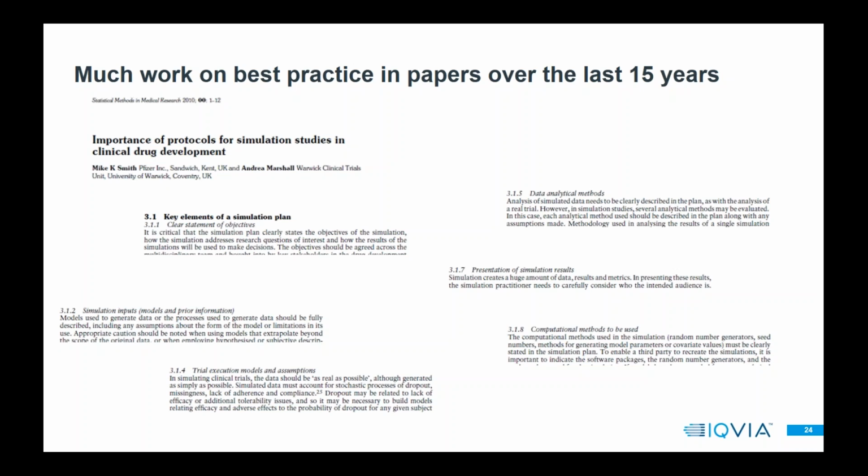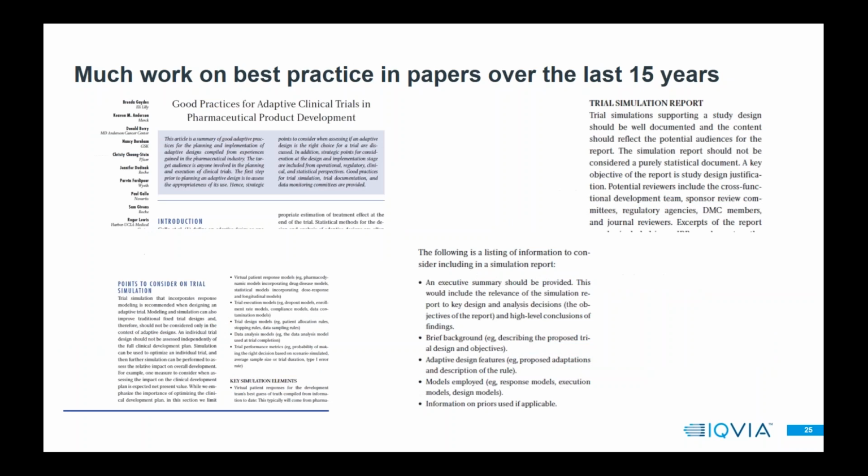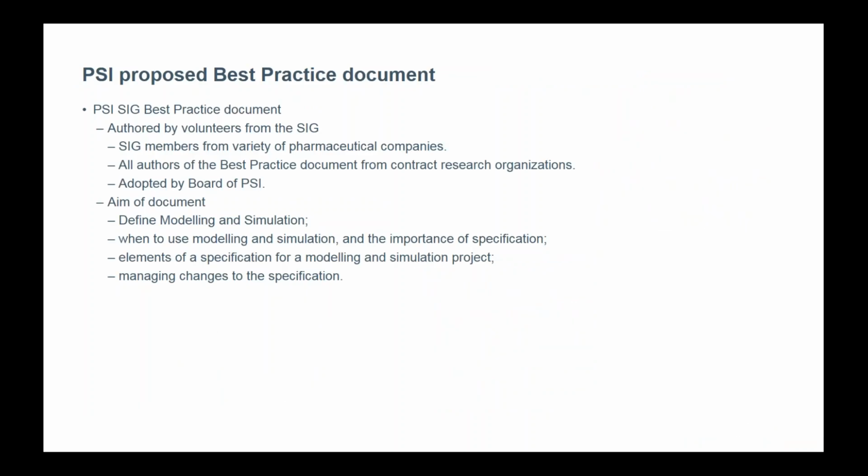Just the headings themselves cover a lot of the key points mentioned in that EMA meeting and are echoed in our own proposal. So similarly, that paper on adaptive clinical trials, I mentioned that it has some nice points about what should be contained in a simulation report. So we had a lot of previous work to profit by.